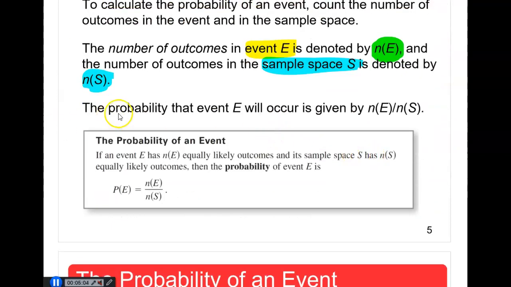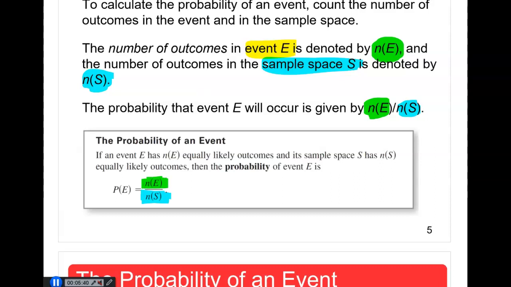So we can find any probability simply by dividing n of E, the number of outcomes in the event, by n of S, which is the number of outcomes in the sample space. The number of outcomes of a certain event, n of E, will always be on the numerator.